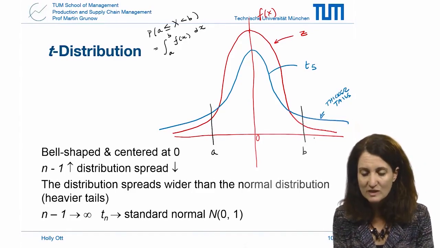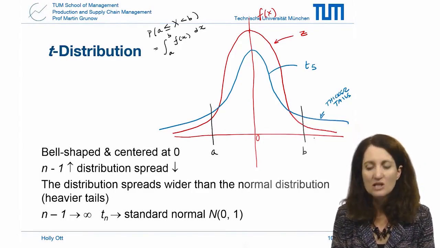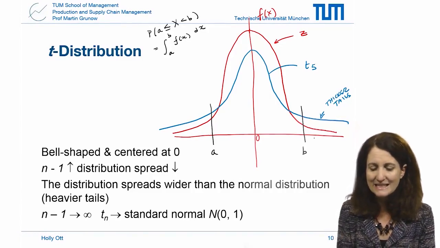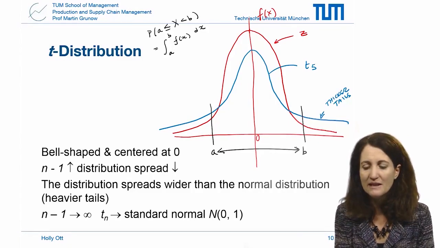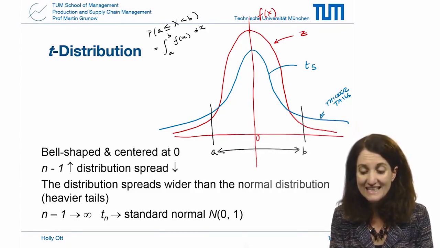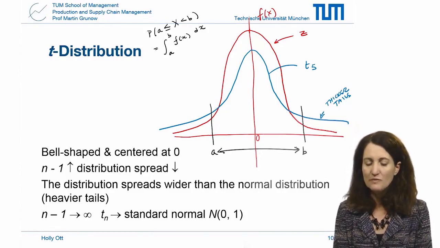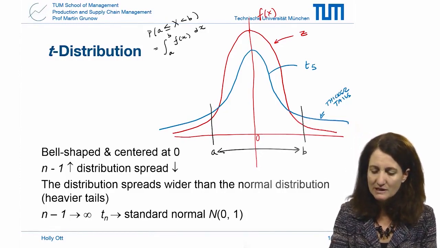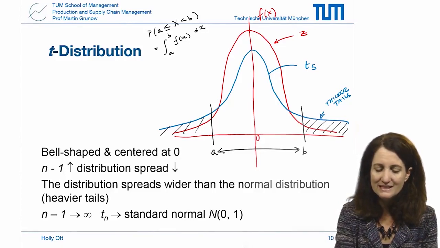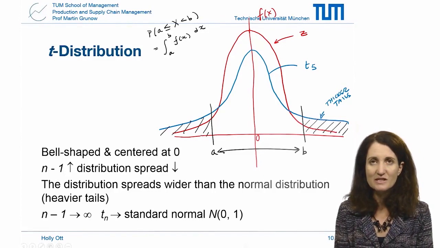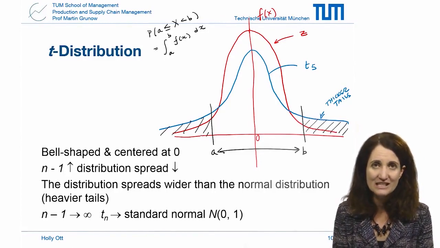And hopefully you can see here, the area under the z curve is going to be larger. The probability that z falls between A and B is going to be higher than the probability that t falls between A and B. Why is this? Well, more of the probability in the t distribution still lies outside these values because of the thicker tails. It's less certain, less exact than the z distribution.